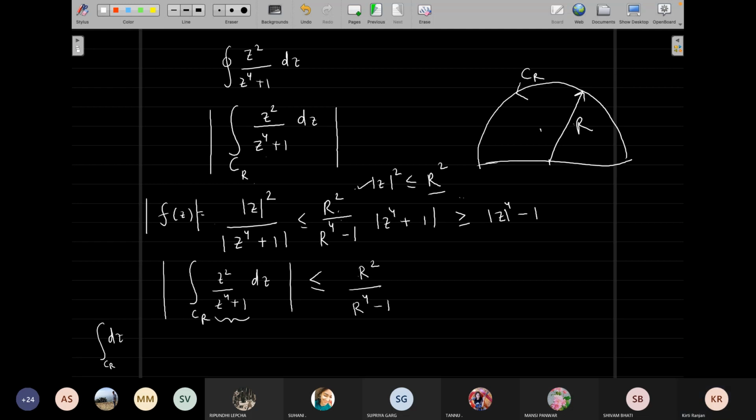This is the integral over C_R of dz, which is a semicircle.